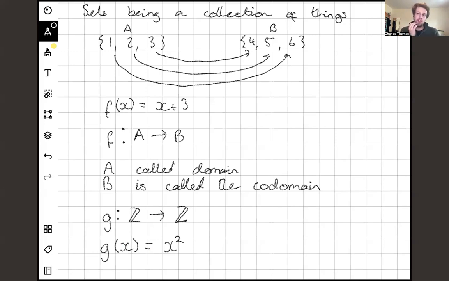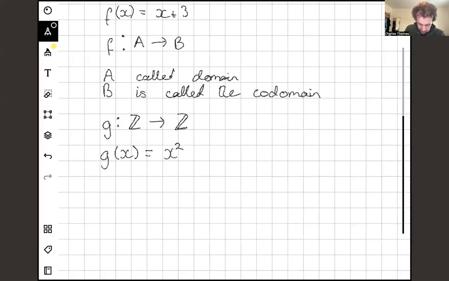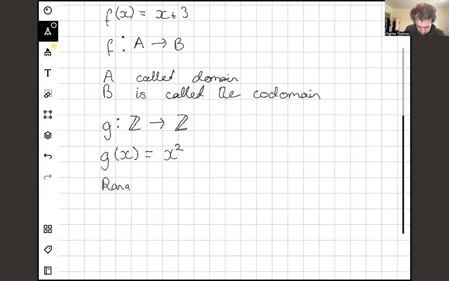Now, it's important to note that there is a separate thing called the range. The idea of the range is that sometimes we might not use up everything in the codomain.